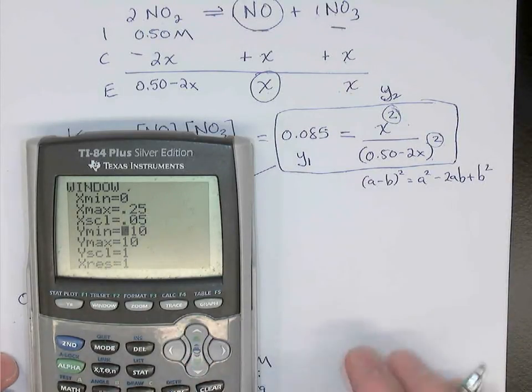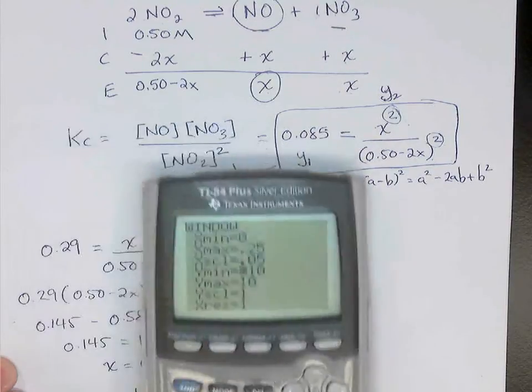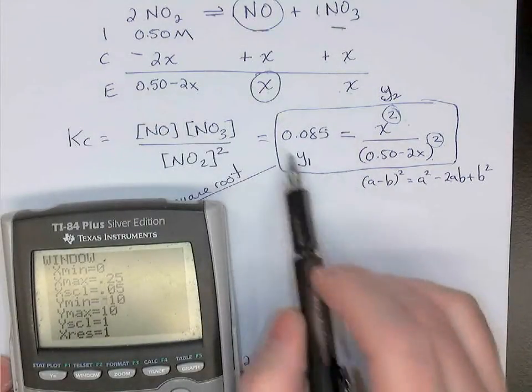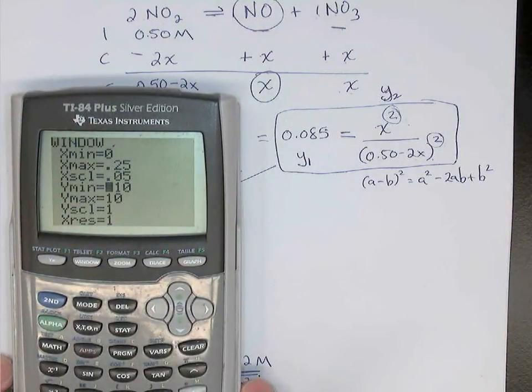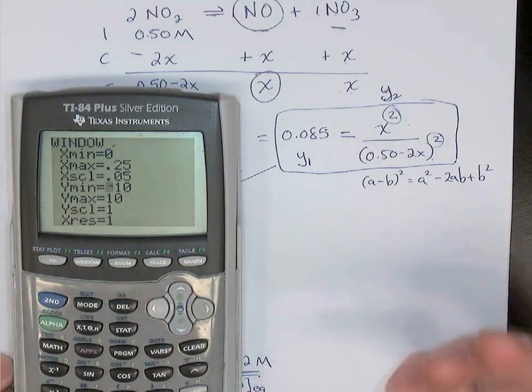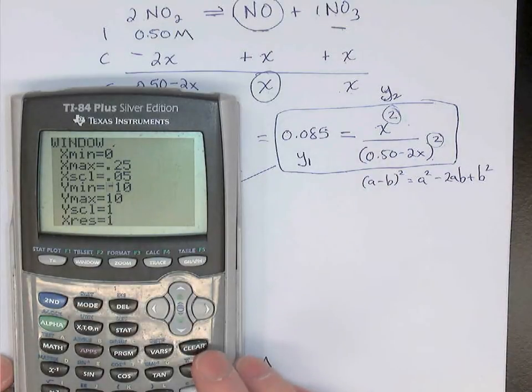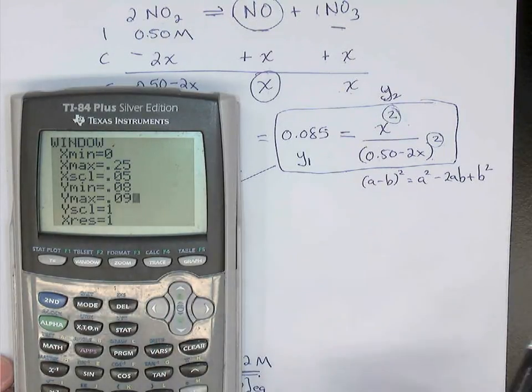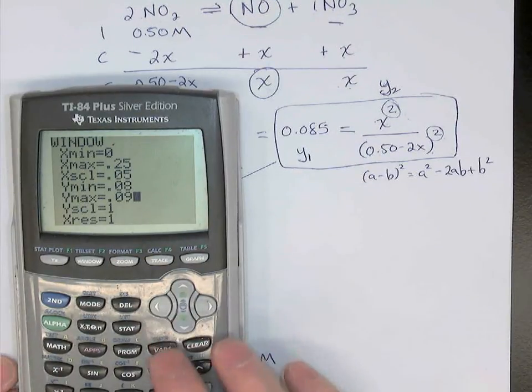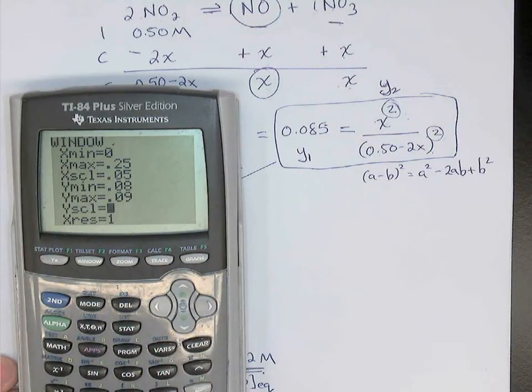The y values, I just want to see what this equation y equals 0.085 looks like, and you know that y equals a number should give me a horizontal line. So to let me see 0.085, I'll just let my minimum be 0.08, and I'll let my maximum be 0.09. So 0.085 is going to go right through the middle there, and my scale would be maybe 0.001.